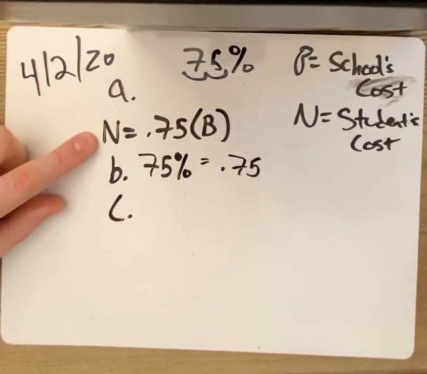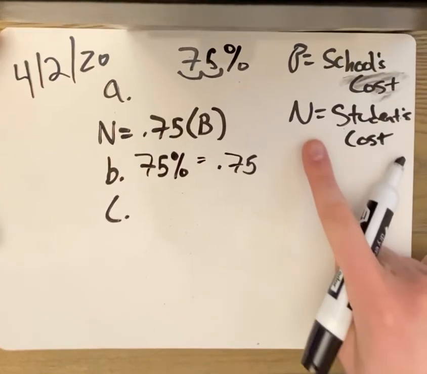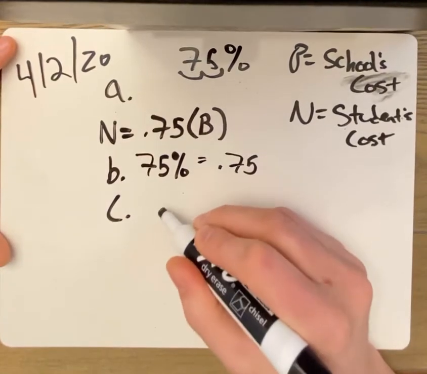How much did the school pay for the book? So we set up our equation here. But in our problem, Sarah received a notice stating that she owed $60 for the lost book. N is the student's cost, so we know that Sarah owes 60.